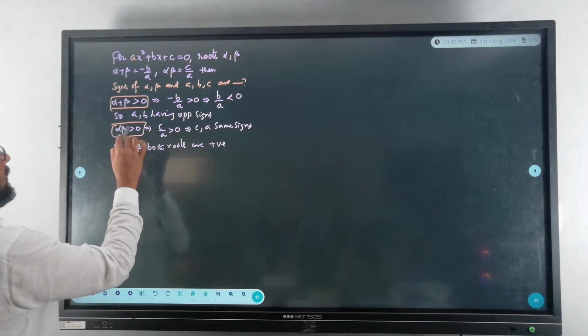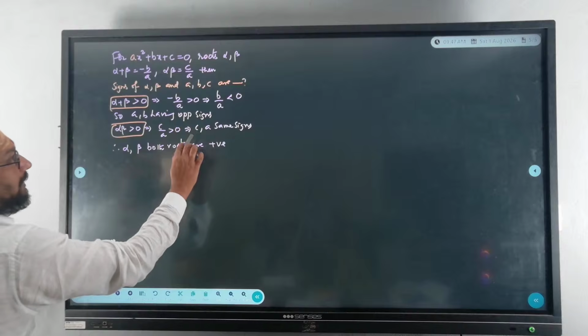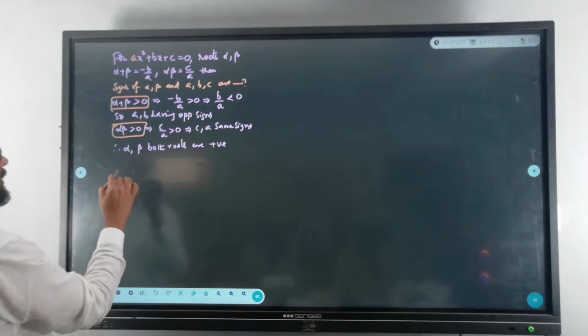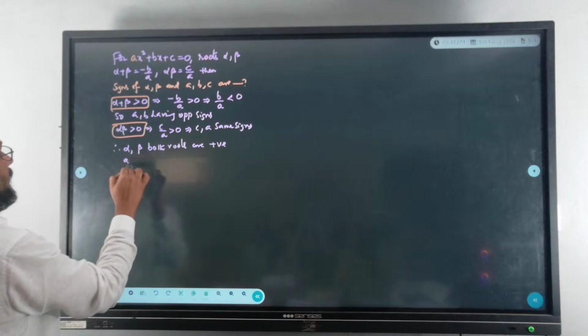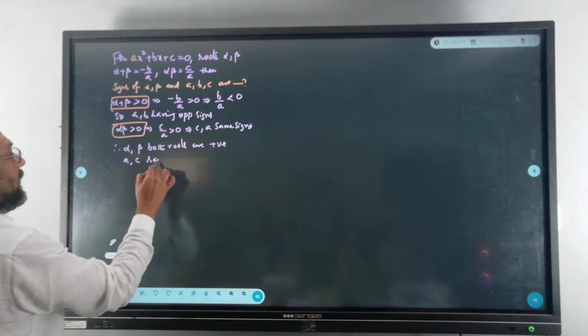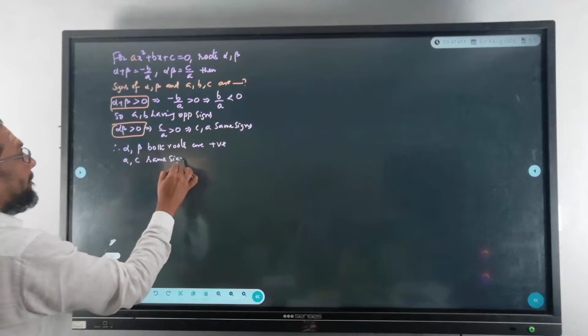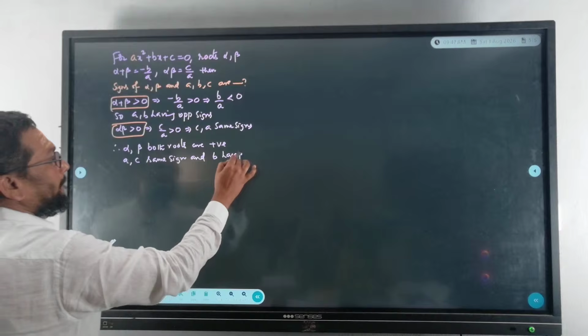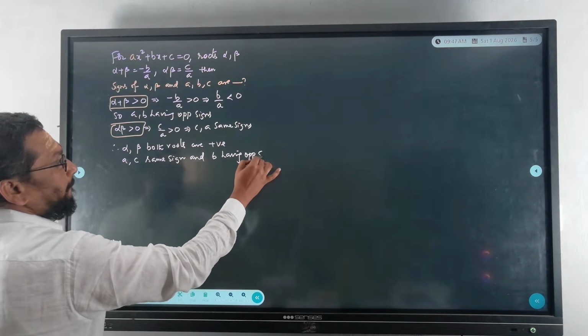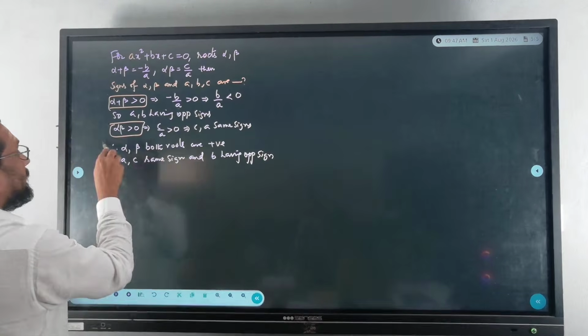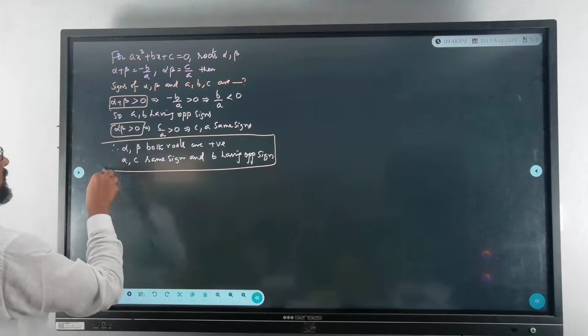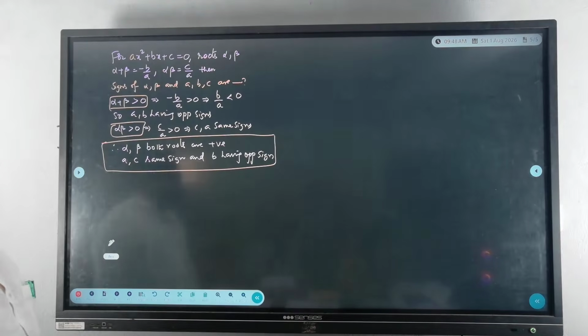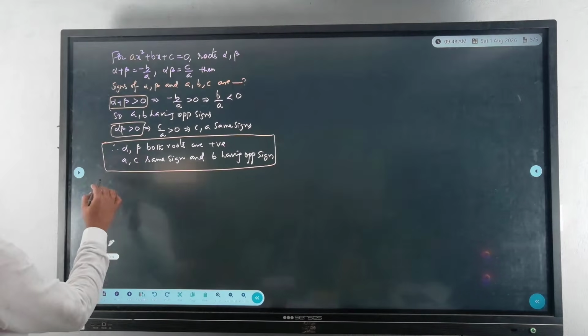Here the condition is a, b having opposite signs, a, c having same signs. So a comma c same signs and b having opposite sign. That is the condition for both roots to be positive.